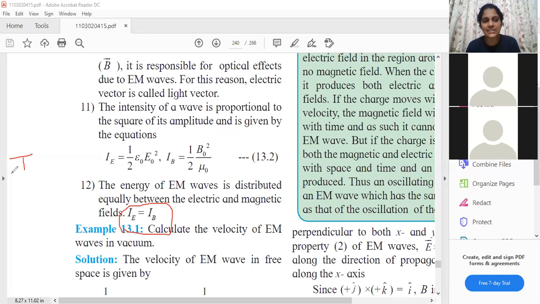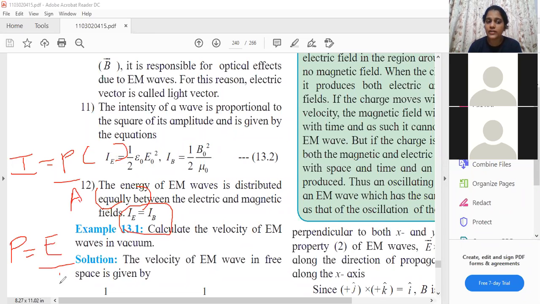So see, intensity is actually P upon A. Again, I suggest in brackets write down what P is: P is power and A is area. Otherwise you won't understand what notation is for what. So intensity is power transferred through a certain area. And power is nothing but E upon T, where E stands for energy.